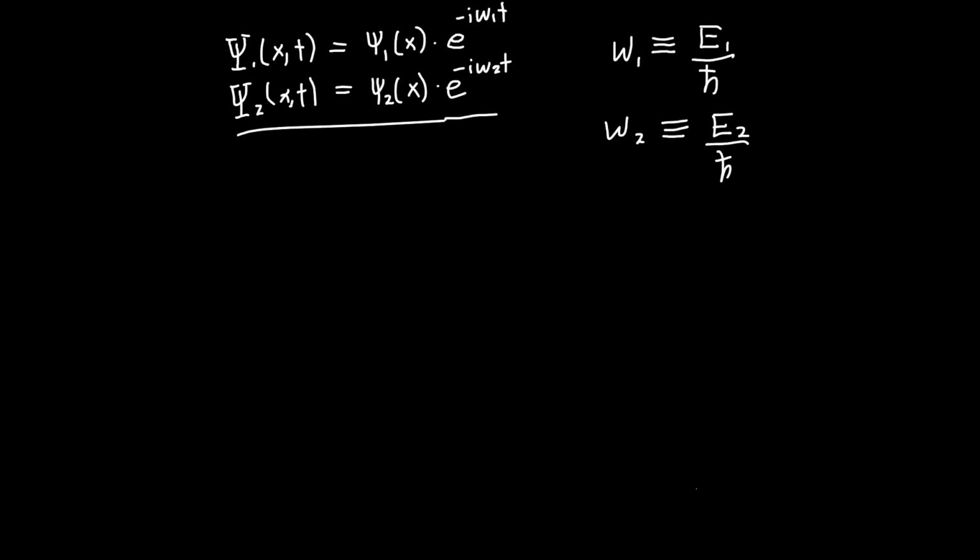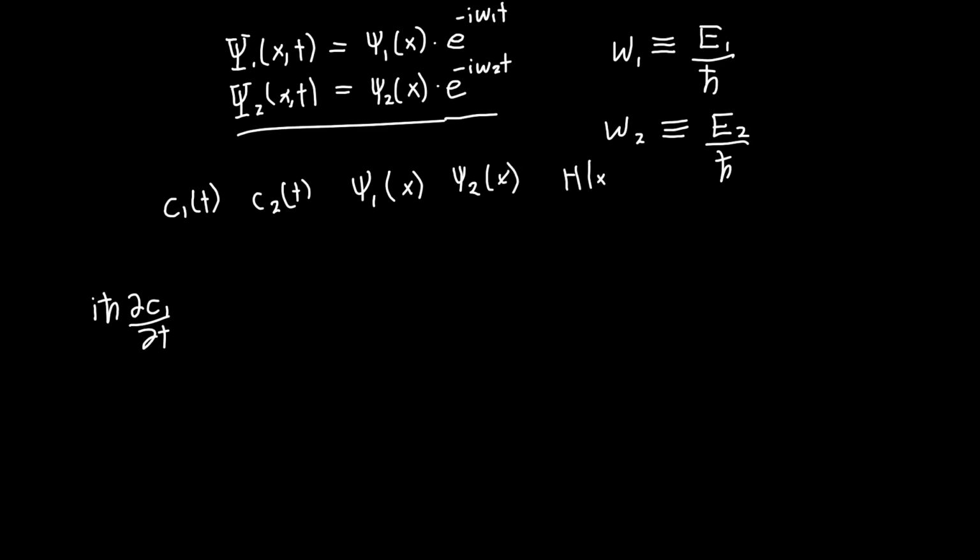Once you do, you should get something that looks like this. So i h bar dc1/dt, and I'm just going to drop the time dependence. C1 and C2 are functions of time, psi1 and psi2 are functions of x, and the Hamiltonian is also a function of x, but for my own sanity, I'm going to avoid writing all those dependences down.